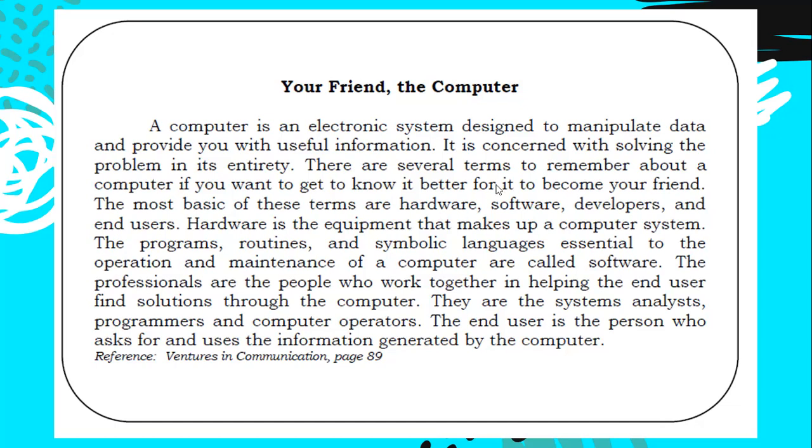The programs, routines, and symbolic languages essential to the operation and maintenance of a computer are called software. The professionals are the ones who work together in helping the end user find solutions through the computer. They are the systems analysts, programmers, and computer operators. The end user is the person who asks for and uses the information generated by the computer.